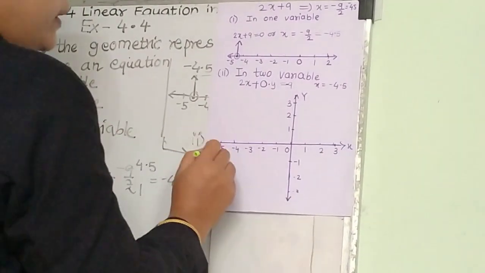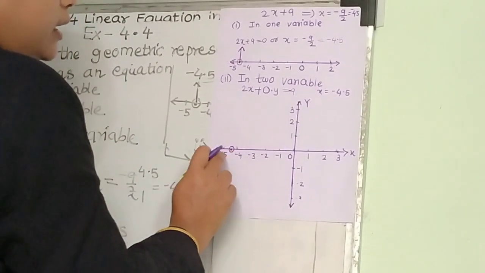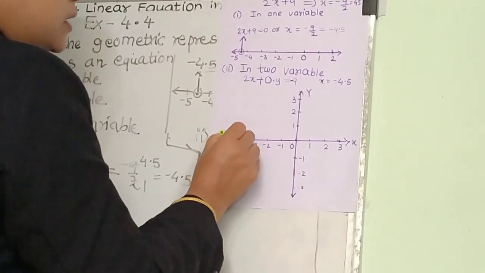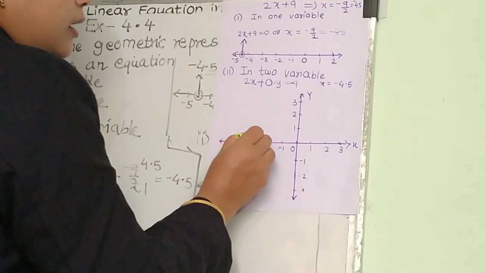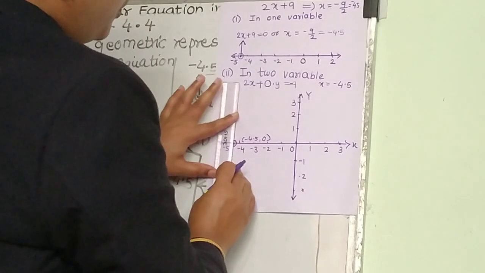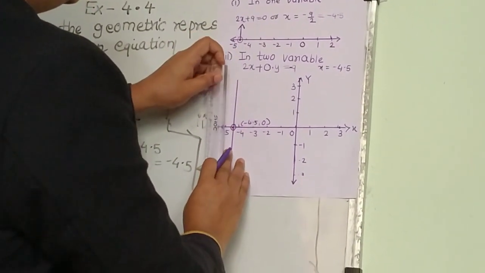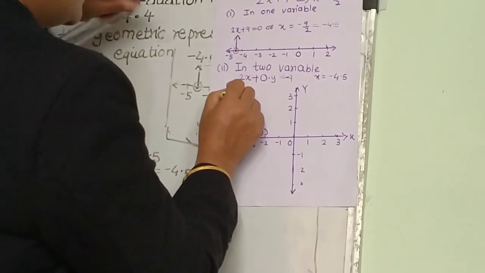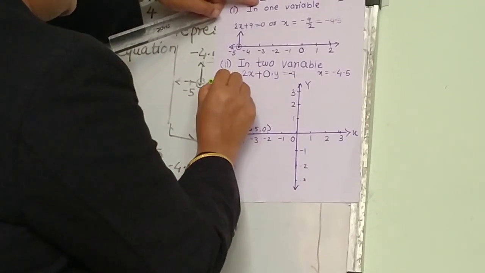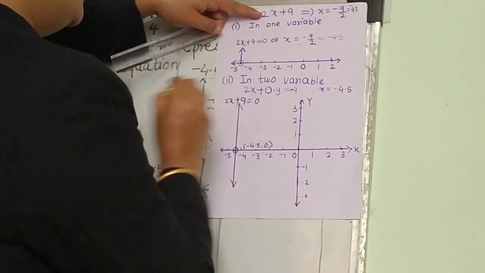The only difference is the first coordinate, which is in between minus 5 and minus 4, that is minus 4.5, comma 0, and we have to draw the line passing through this point. We observe that this line is parallel to the y-axis, and our equation is 2x plus 9 equals 0.